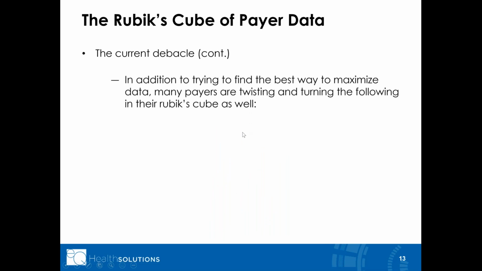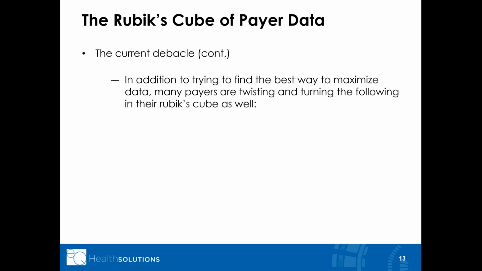In addition to trying to find the best way to maintain the data, many payers are having to address the problem of operational reporting. In a lot of ways, payers are struggling between, am I doing reporting or am I doing analysis?